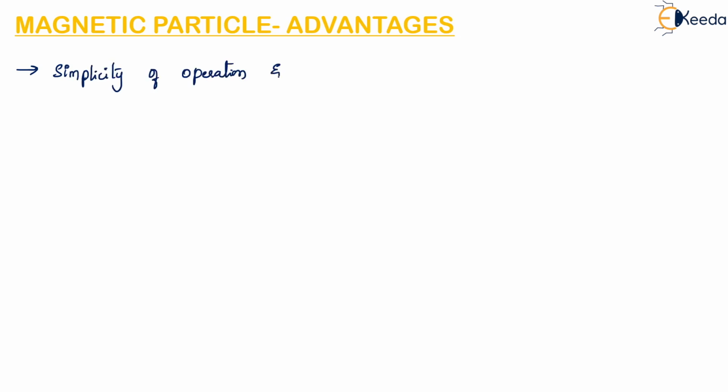Now, what are the advantages of magnetic particle inspection? The first advantage is simplicity of operation and application. The process is simple, and it gives quantitative results.